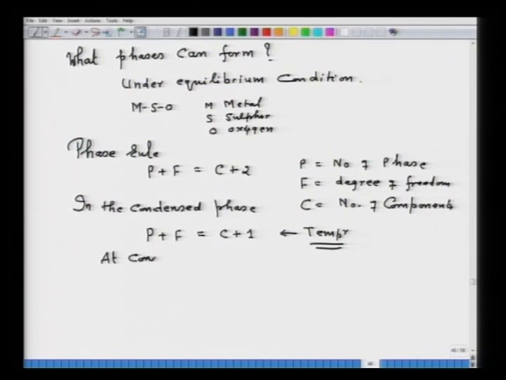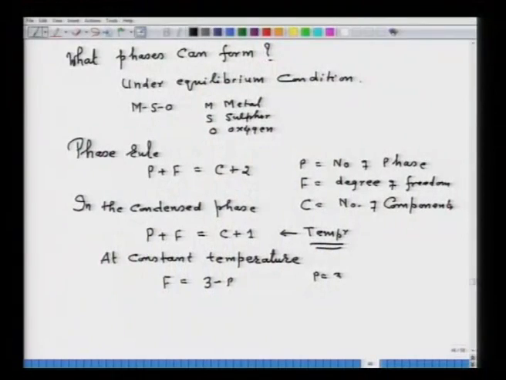So, at constant temperature, we will have F equal to 3 minus P. 3 is coming because the number of components is 3: M, S and O. So F, the number of degrees of freedom, is equal to 3 minus P. If P is equal to 3, then the degree of freedom is equal to 0.